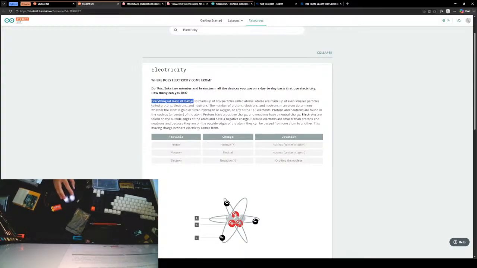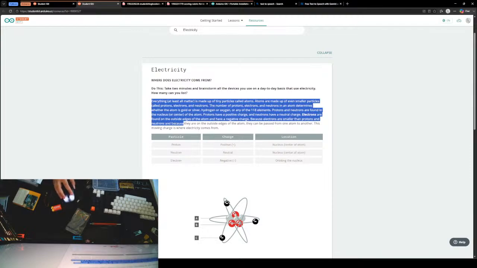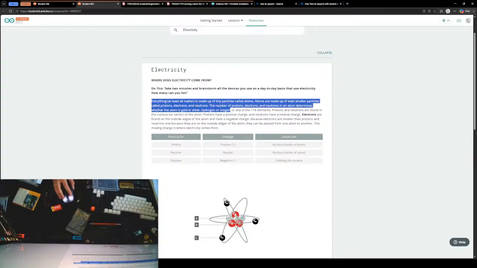Everything, at least all matter, is made up of tiny particles called atoms. Atoms are made up of even smaller particles called protons, electrons, and neutrons. The number of protons, electrons, and neutrons in an atom determines whether the atom is gold or silver, hydrogen or oxygen, or any of the 118 elements. Protons and neutrons are found in the nucleus, or center of the atom.